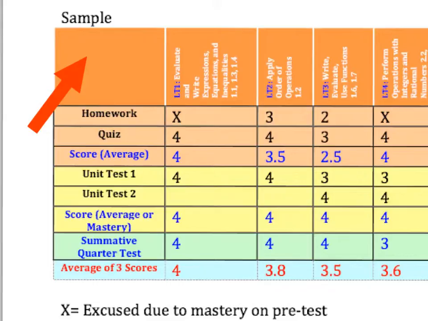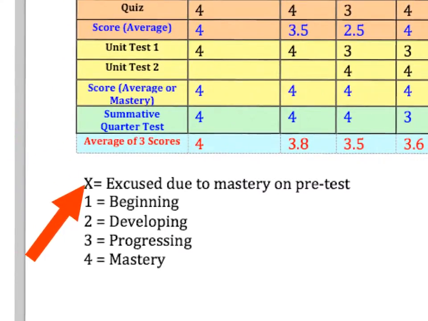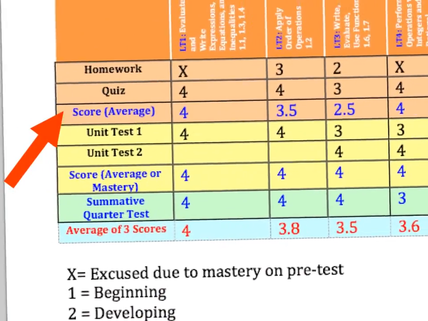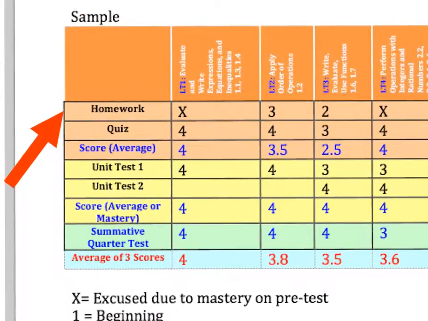And in the pretest, this sample student scored a mastery on Learning Target 1, which is why they have an X in the homework slot. You'll notice an X means that you're excused from the homework because you performed mastery on the pretest. So this student got an X because they mastered it on the pretest. However, everyone has to take the quiz, and this student showed mastery again on the quiz.